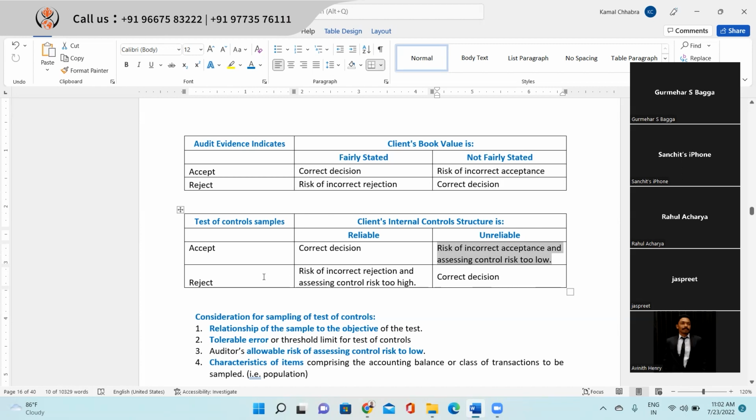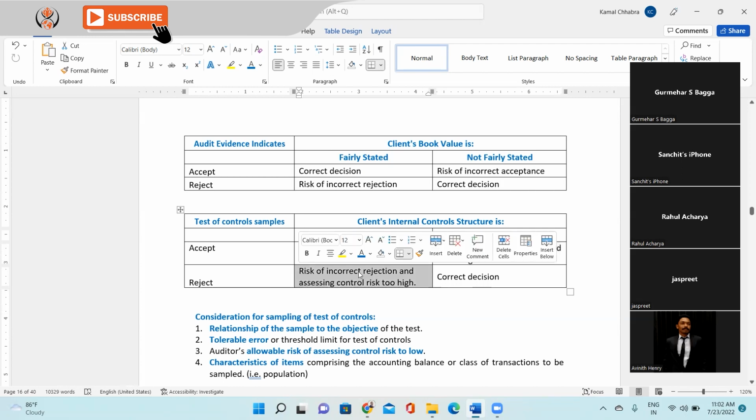And if you have rejected the population based on the sample, whereas the rest of the population is right, there is a risk of incorrect rejection and assessing the control risk too high. And if you have rejected and the population also has some mistakes, then your decision is correct.